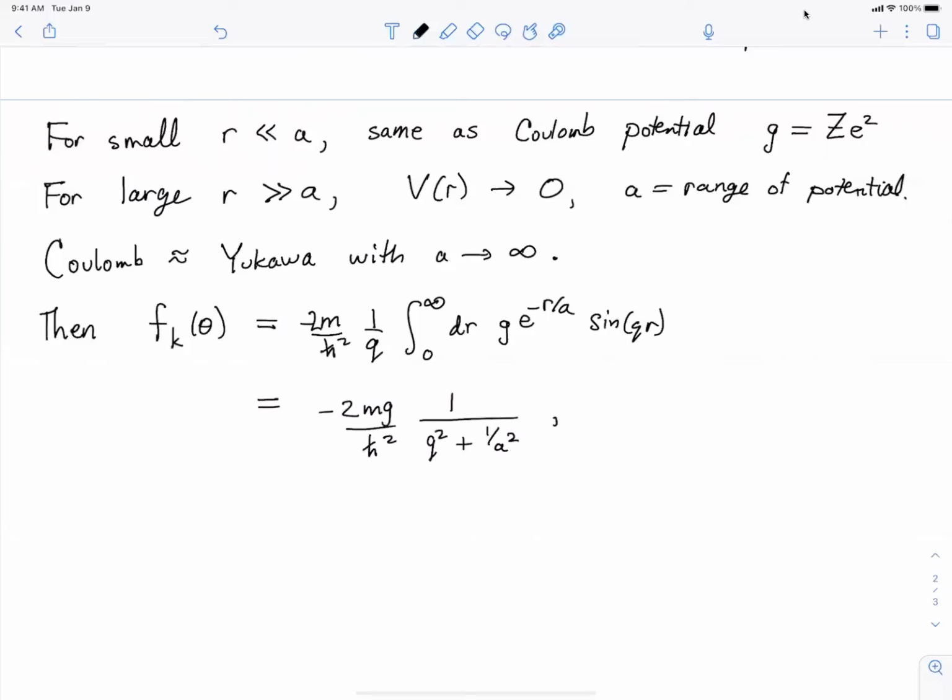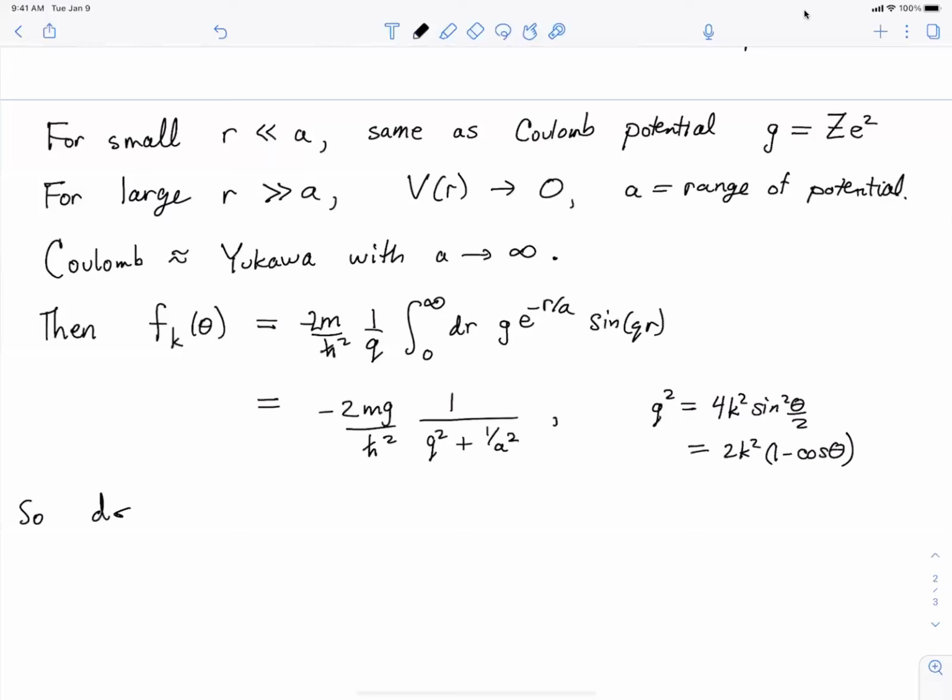And as a reminder, q squared is 4k squared sine squared theta over 2, which we can also write as 2k squared, 1 minus cosine theta. That's a trig identity. And so remember what we're supposed to do with this to get the cross section is just square it.